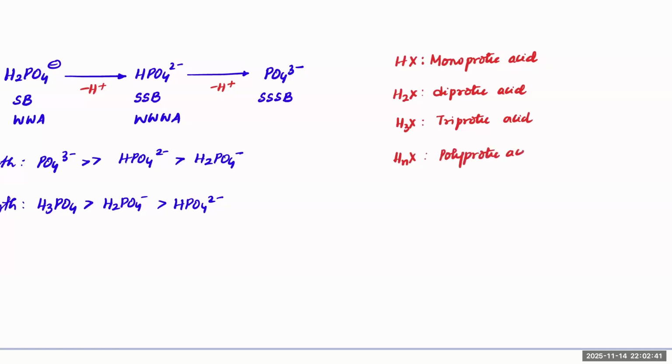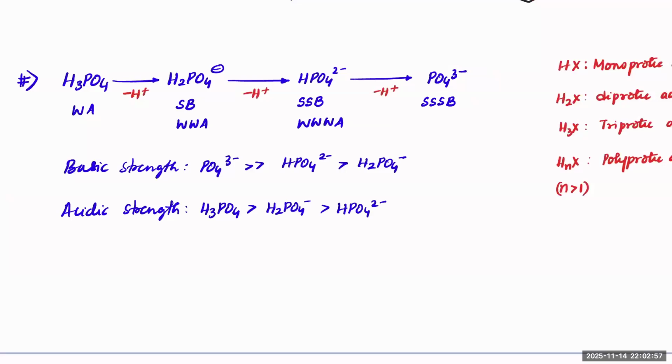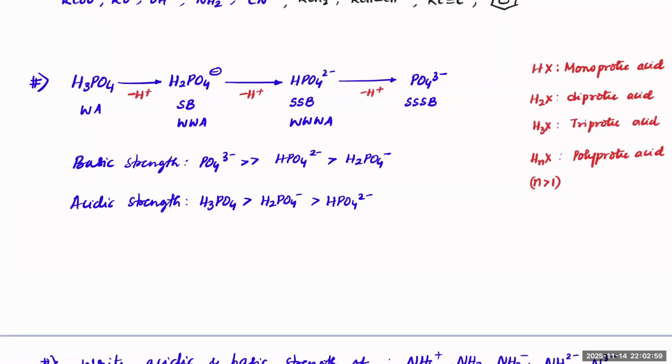So if n is greater than 1, that is called polyprotic acids, everybody. If n is equal to 2, it is diprotic, triprotic, tetraprotic, and so on. Clear? So now have you noticed H3PO4? H3PO4 is one polyprotic acid.